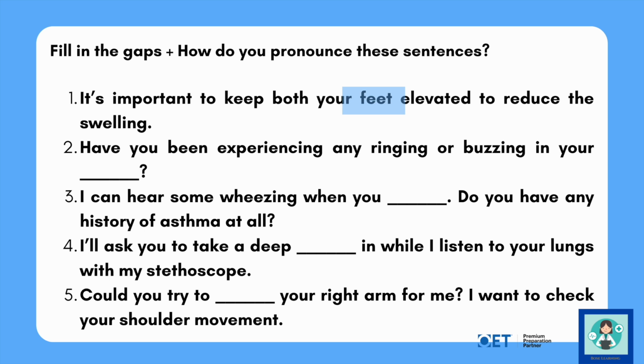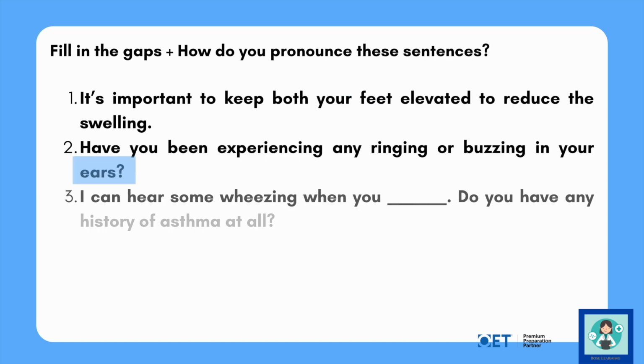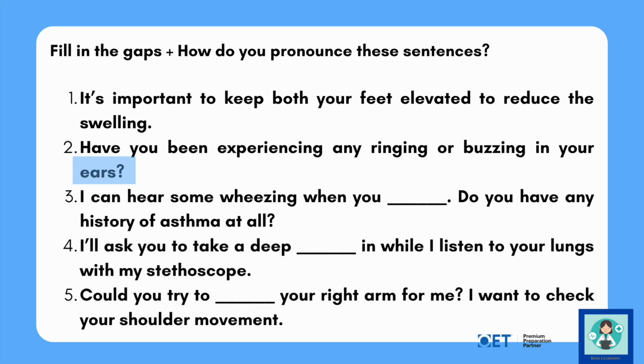Okay, how did you go then? So the first one, it's important to keep both your feet elevated. So we need the plural here because we have both. It's important to keep both your feet elevated to reduce the swelling. Number 2, have you been experiencing any ringing or buzzing in your ears?